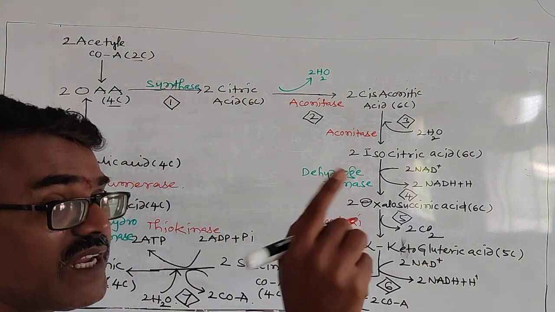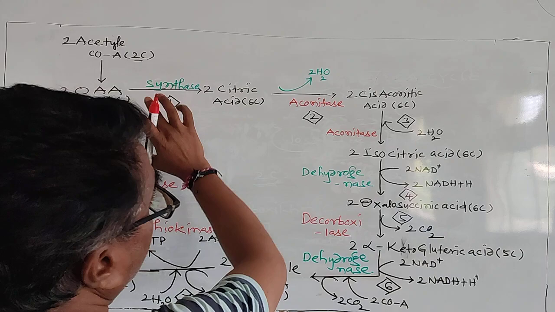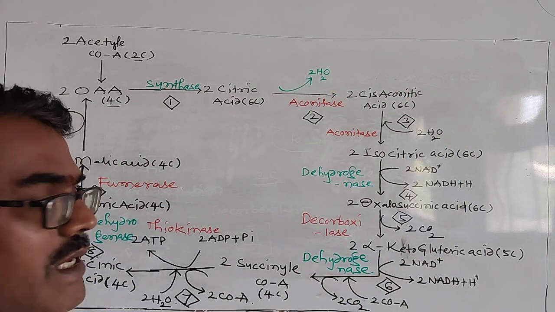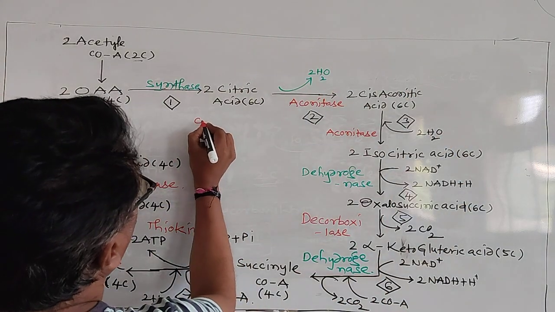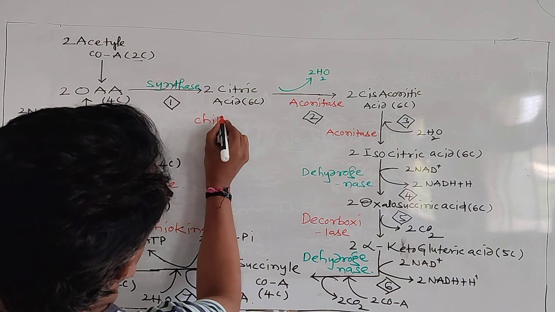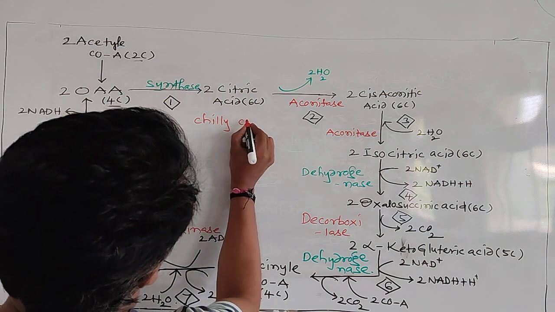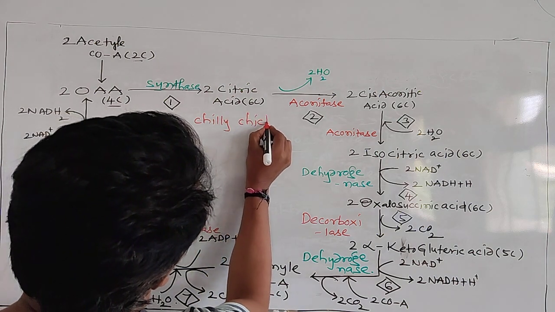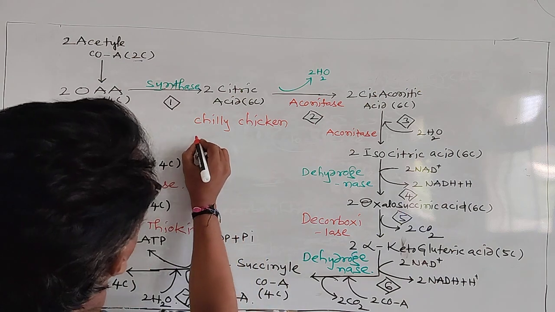Just for a hint, remember all the products in the Krebs cycle. Chili chicken. Chili chicken is over.